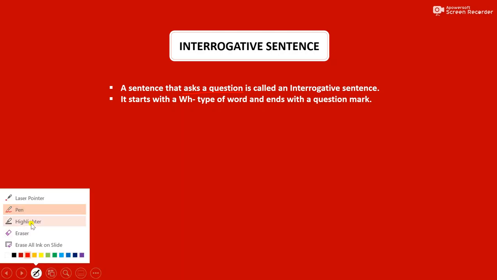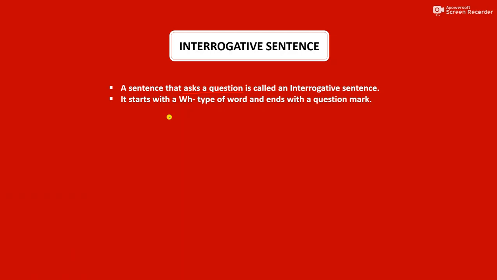So every sentence where you find a question being asked, you can easily say that it is an interrogative sentence. Again, these sentences, because they are focusing more on questions, they usually start with any WH type of word, but they end with the punctuation, that is a question mark.